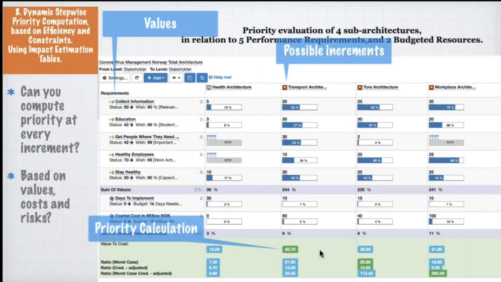Keeping an eye on the time, I'll probably go a little bit faster. Now, this slide is using the same method, the impact estimation table that I was showing you earlier. It's the same table. And the point, I've already sort of made it, so maybe I can save a lot of time by not telling too much about it. But notice that it did a computation.